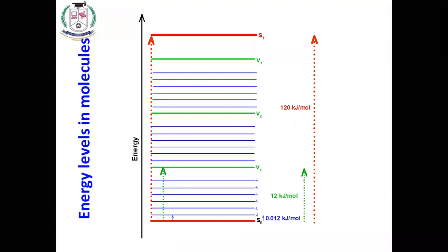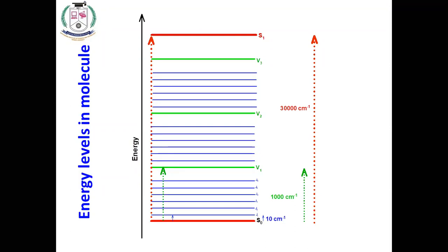We can express this energy in the form of wavelength, or we can express this energy in the form of wave number. If you see in wave number, the first rotational energy levels, the difference is 10 centimeter inverse. Vibrational energy levels difference is 1000 centimeter inverse.